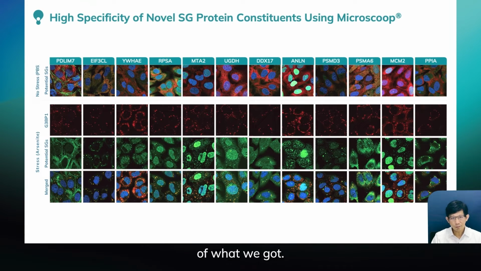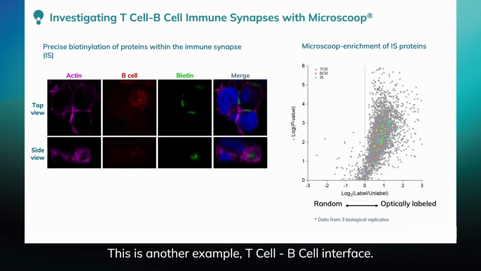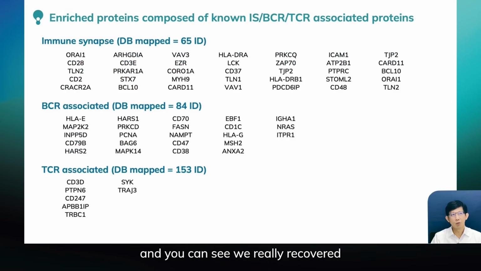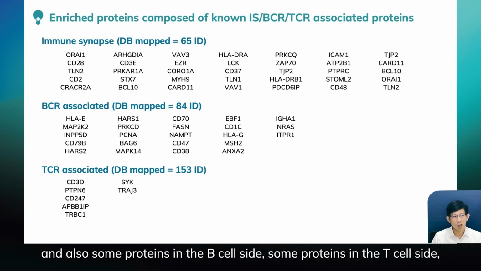What we got. This is another example, a T-cell B-cell interface. In this example, we use AI to recognize the location of a T-cell B-cell interface. And you can see we really recover many known immune synapse related proteins, and also some proteins on the B-cell side, some proteins on the T-cell side.